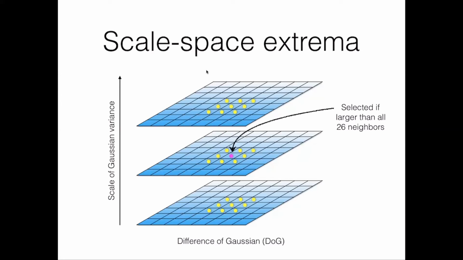Okay, so if you take a look here, we have different scales of Gaussians. On this scale of Gaussian, when we pick one particular point, we look at the neighbors in the upper scale, and we also have the neighbors on the scale down. When we pick one point here, if it is the maximum across the 26 neighbors, the sigma value on this level will be used as the magnitude of that point of interest.